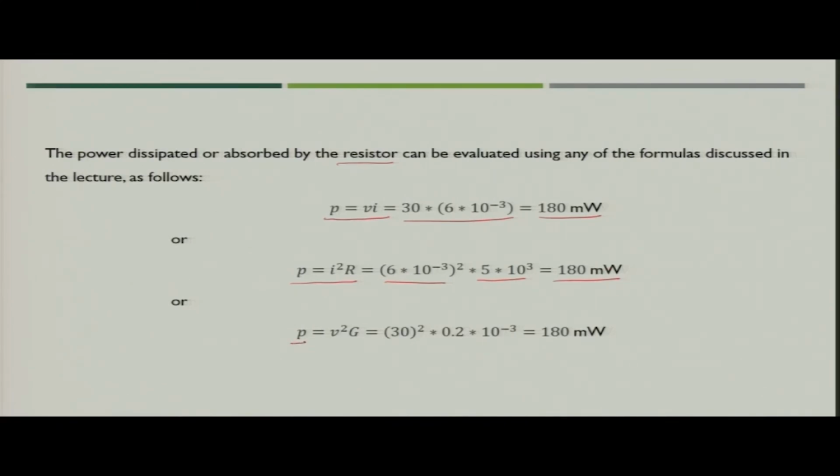Now, the third option is that you can calculate with the help of conductance, that is P is equal to V square G. Put the value, and you will again get 180 milliwatt. So, you can use any formula which you want for calculation of power, you will get the same value eventually.